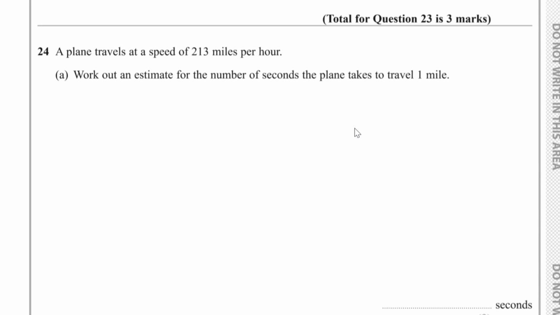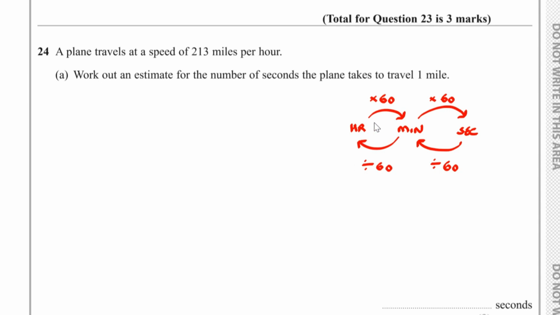So we need to convert some units. Hours to minutes, we times by 60. Minutes to seconds, we times by 60. Seconds to minutes, we divide by 60. Minutes to hours, we also divide by 60.